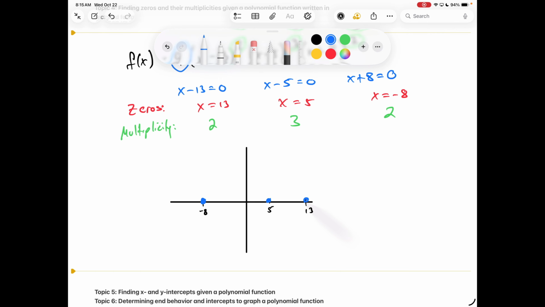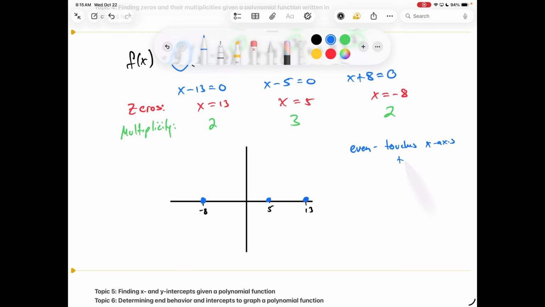What the multiplicity tells me, now I have to remember, if it's even, it touches the x-axis and turns around. I don't think I'm getting these backwards. If it's odd, it crosses the x-axis.